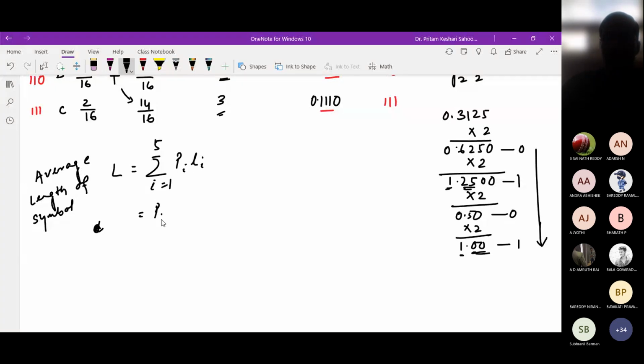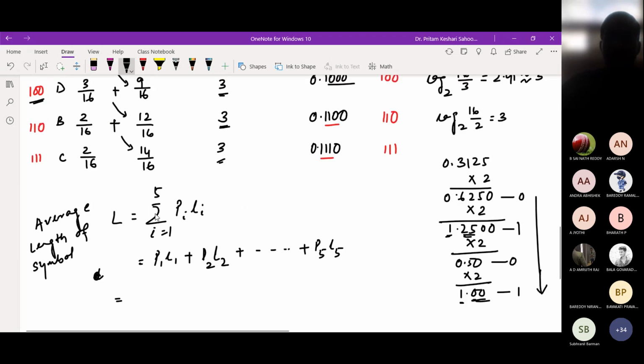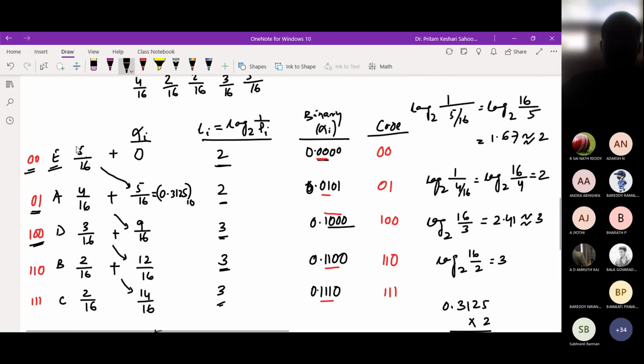So that is equal to P1 l1 plus P2 l2 plus P3 l3 plus P4 l4 plus P5 l5. All probabilities are given. P1 is 5 by 16 into l1, which is 2.